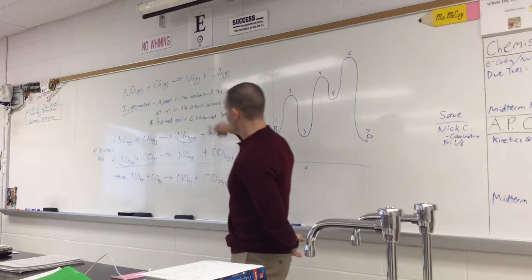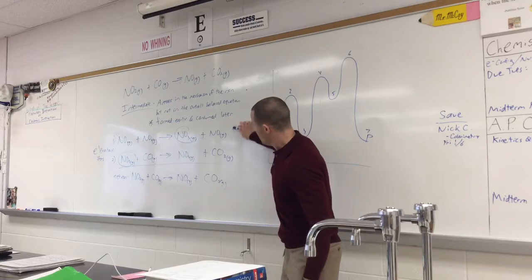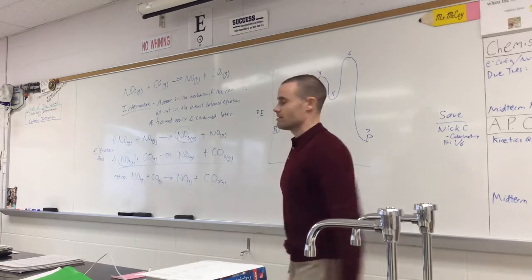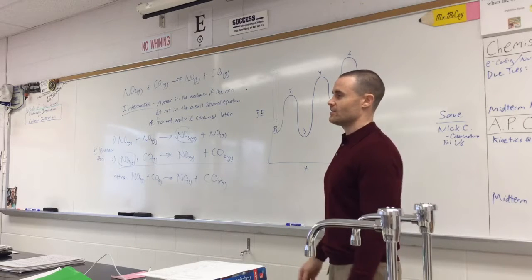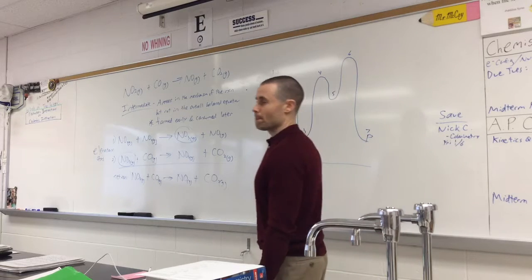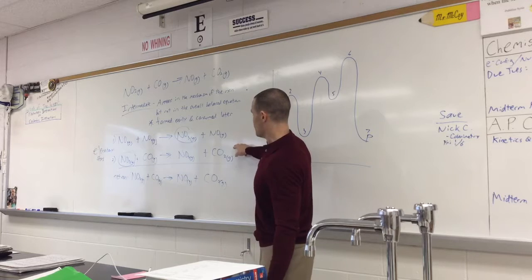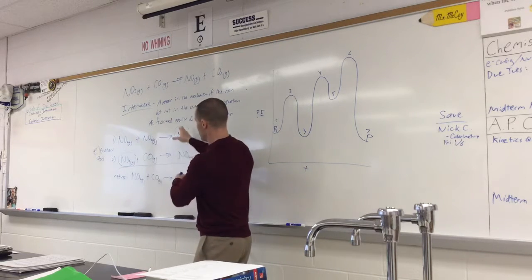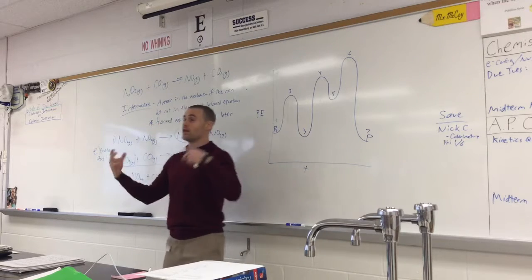Now, a lot of these elementary steps, you can cancel things out so that your balanced equation makes sense. So what's one thing we can cancel out here? Besides these 2, which are obviously going to be canceled out, they're not going to be in the overall because one's on the product side, one's on the reactant side, so they cancel out.